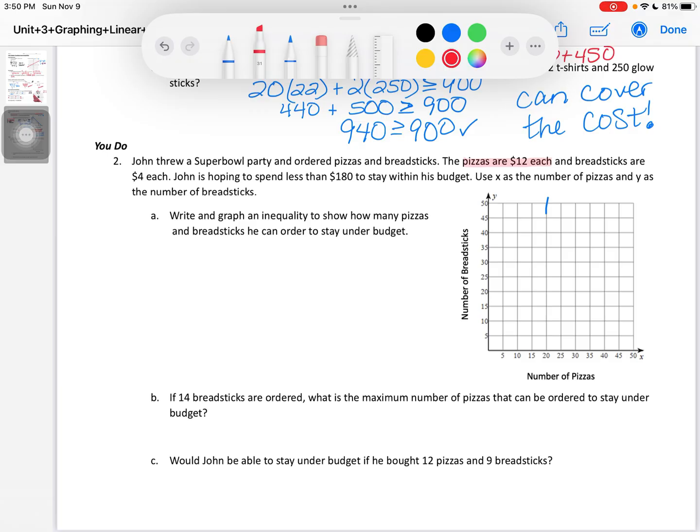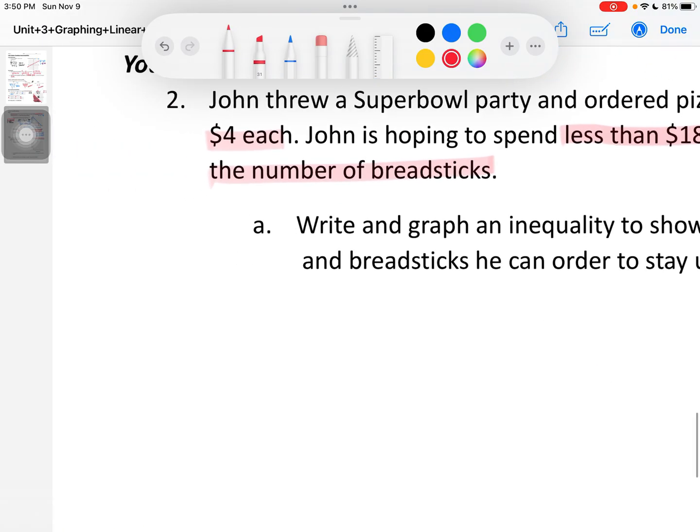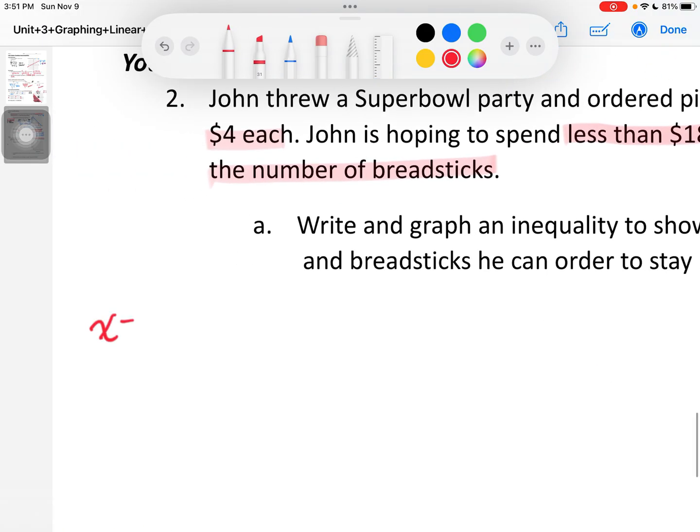Pizzas are $12, breadsticks are $4. He's hoping to spend less than 180. X is the number of pizzas, Y is the number of breadsticks. Here we go. So this is going to come out to X is pizzas, Y breadsticks.